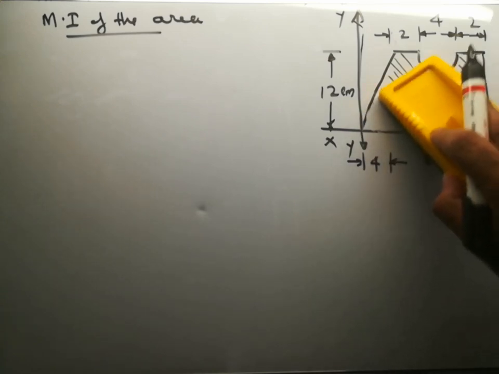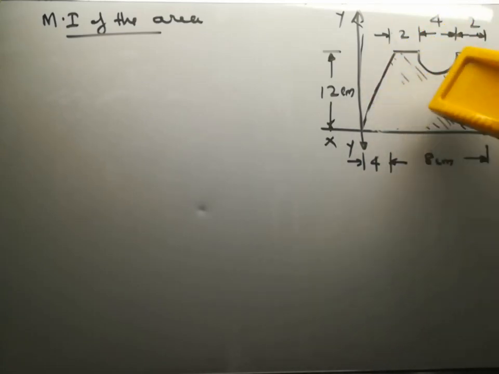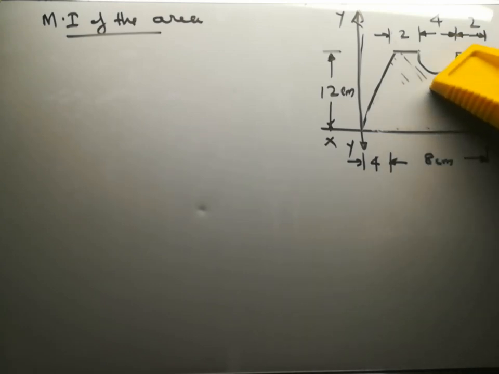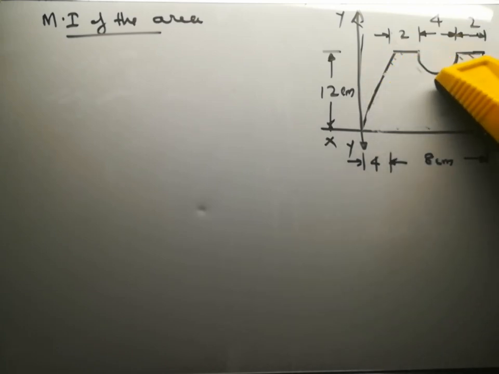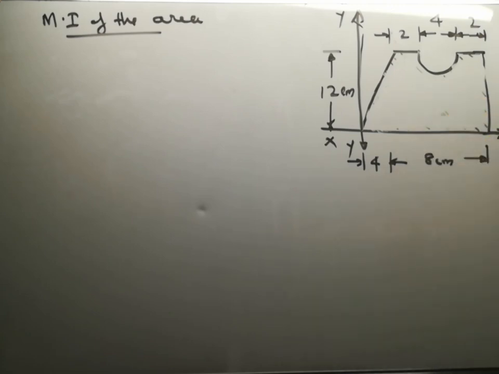What we are going to do is we will divide this area into simple plane figures so that we can easily find out the area and its moment of inertia about centroidal axis and the moment of inertia of the whole complex area.